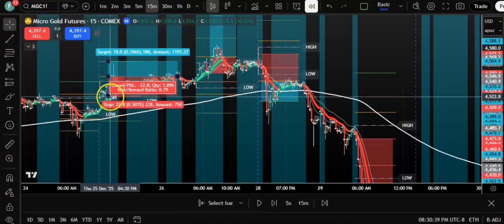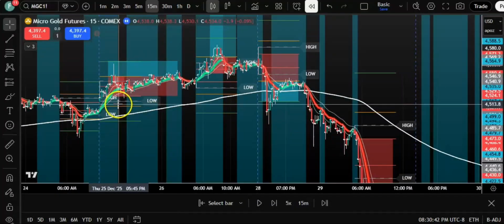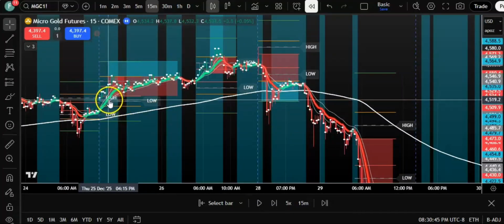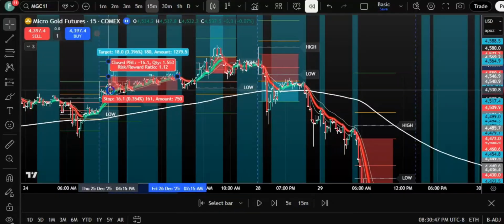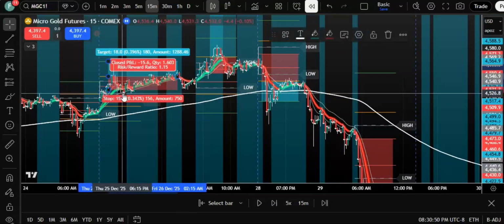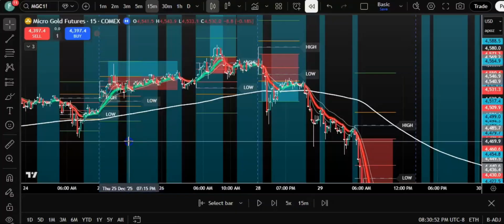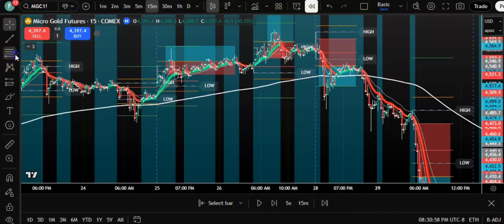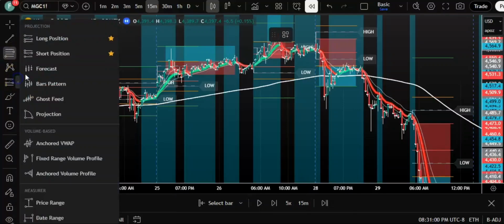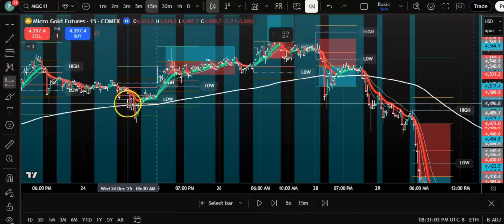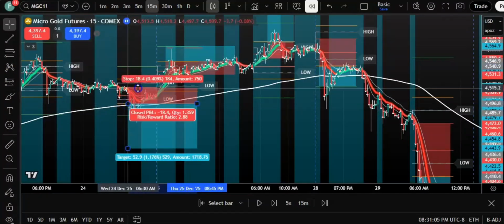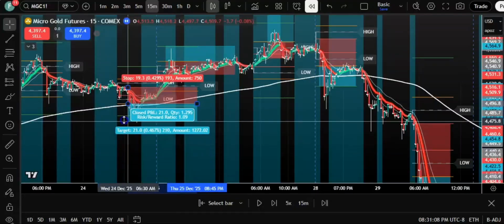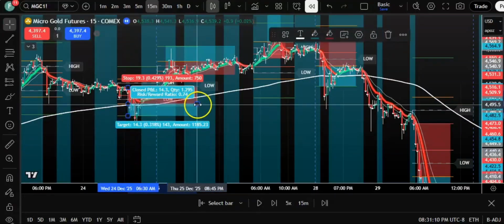Or if you waited till the background turned black, it was this candle, say you waited 1 or 2 more candles, you could have got out right here. This third candle right here. So you don't lose the full amount. Even if you did, with the strategy, the majority of the time you'll always make it back, because it just wins pretty frequently. Let's see, this one won too.